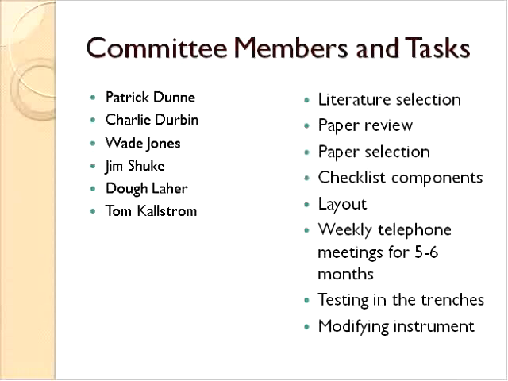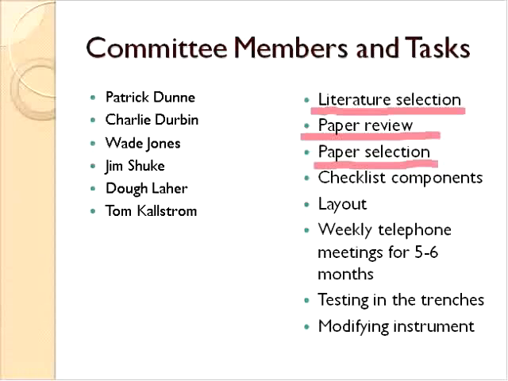The process involved selecting the literature, much like a meta-analysis, where you do a literature scan, a Medline search, and then you select the papers. In general, we ended up with about 200 papers to look at. Then two of us read at least two of them.